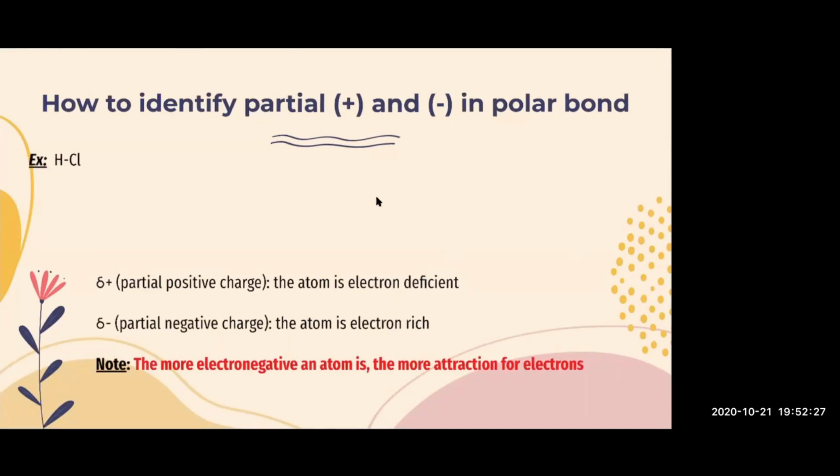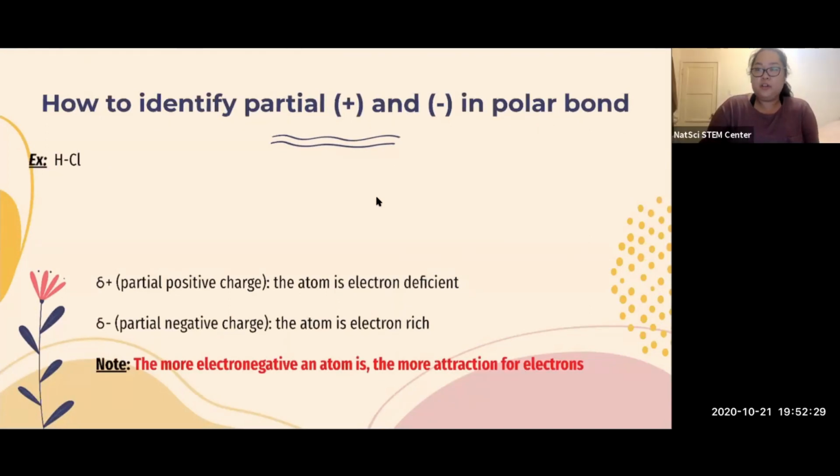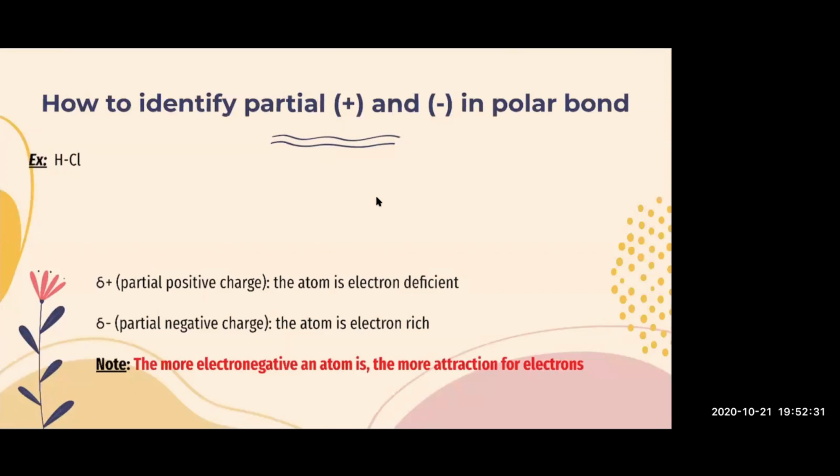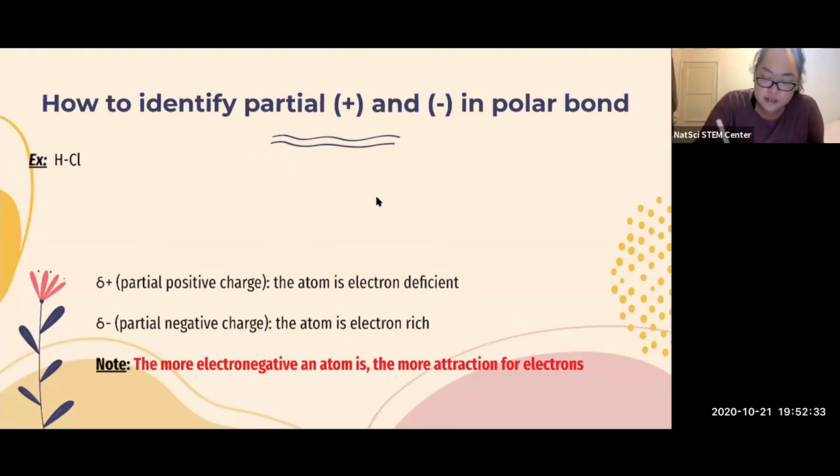So the next thing we'll do is how to identify a partial positive and partial negative. They're denoted as partial positive, partial negative. So HCl, which one do you guys think would be the negative charge? Think of their plus and negative charges that we saw earlier on the periodic table.